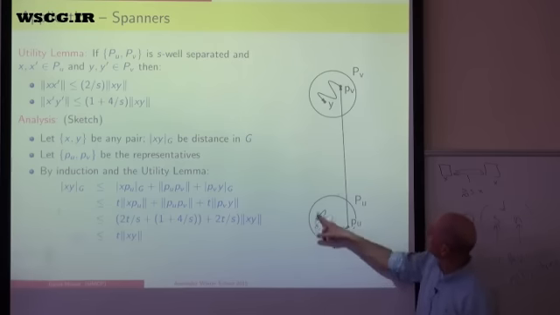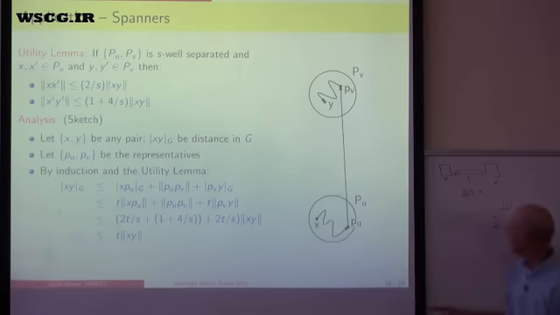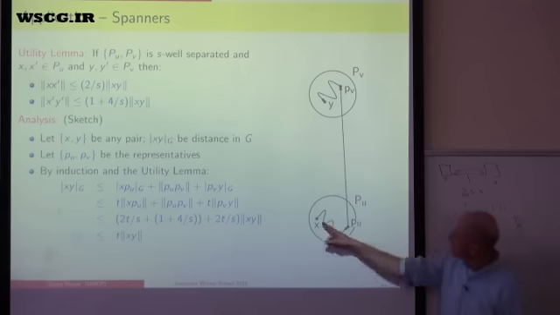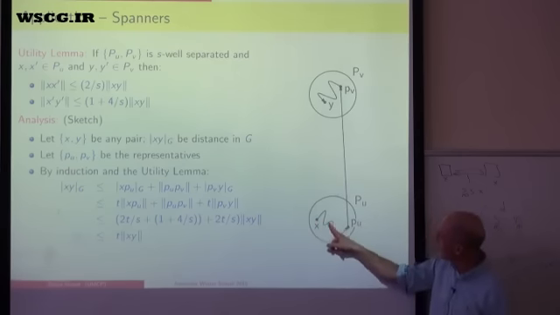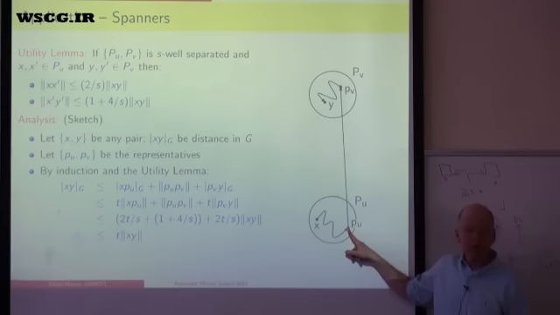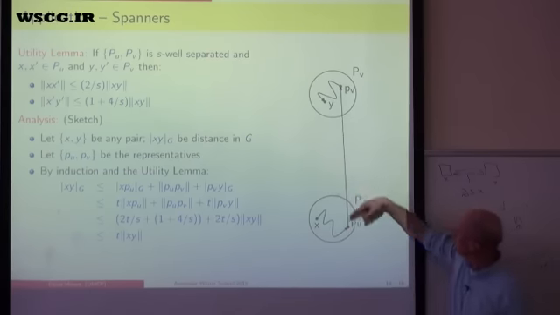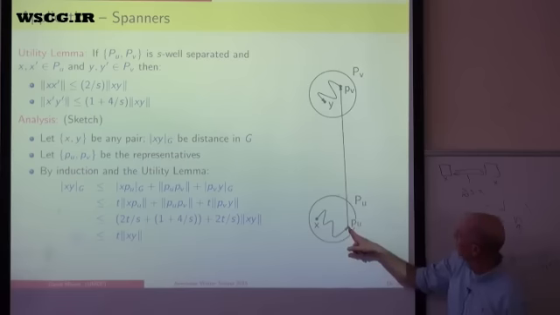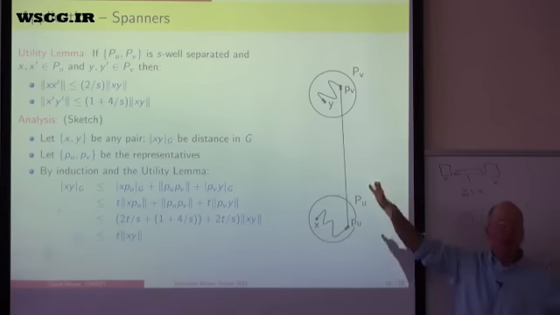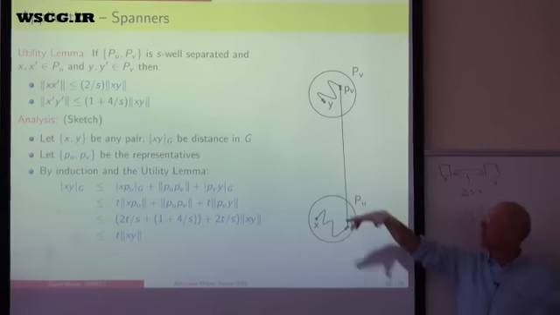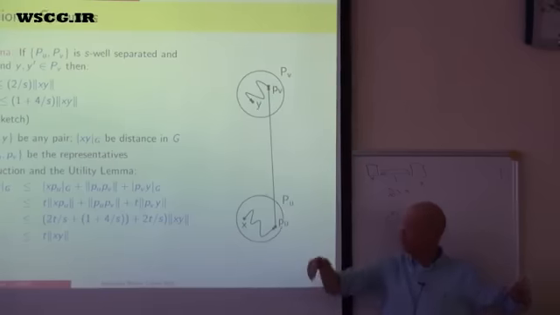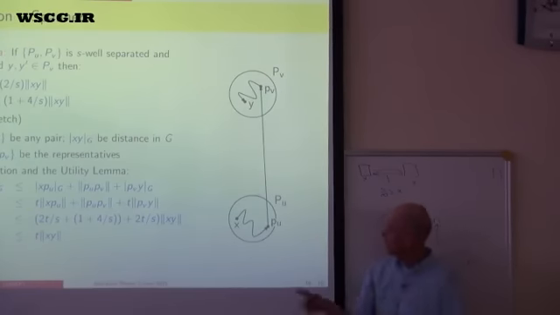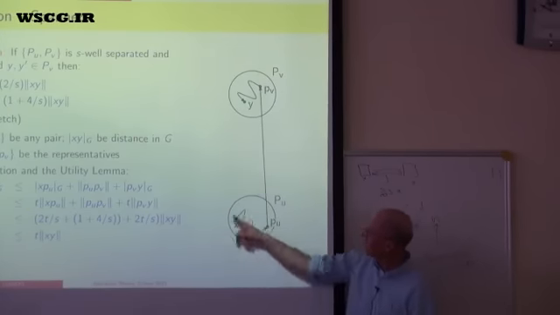What is the distance between x and y in my graph G? There's going to be some path from x to pu in the graph, and I'm going to apply induction because the distance between x and pu is smaller than the distance between x and y. This distance is at a large scale, whereas this one is occurring at a much smaller scale. So I'm going to apply the induction hypothesis here.